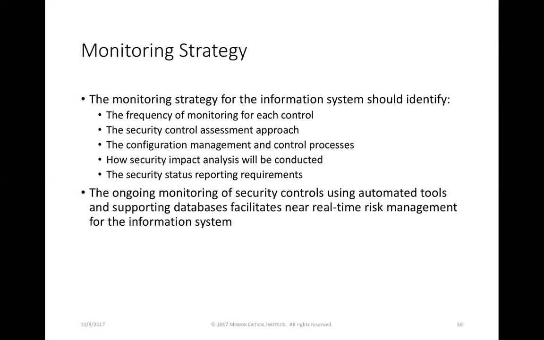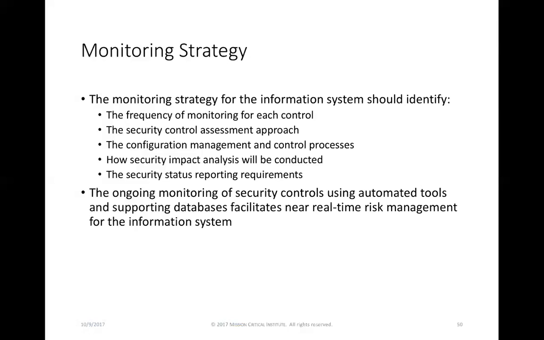Ongoing monitoring of security controls using automated tools and supported database facilities gives near real-time risk management for the information system. This is a good idea if you have the funding in your organization to add automated tools for continuous monitoring.